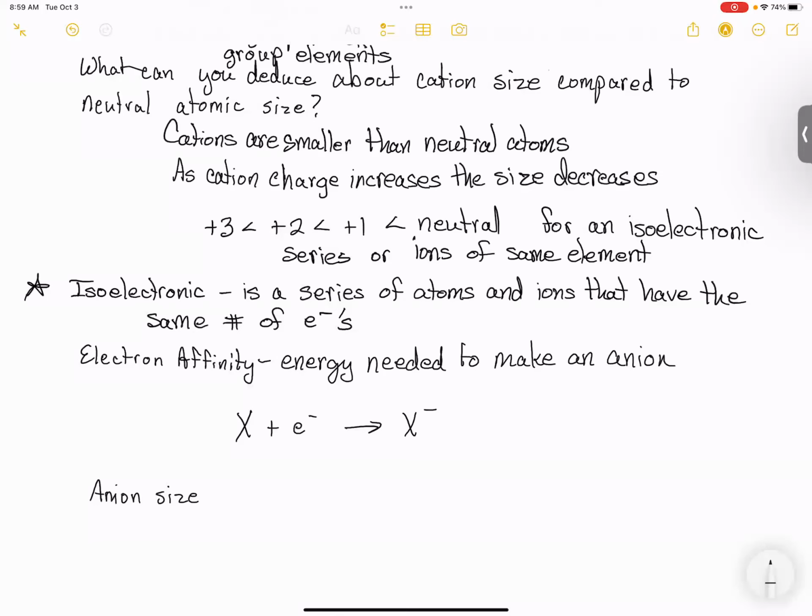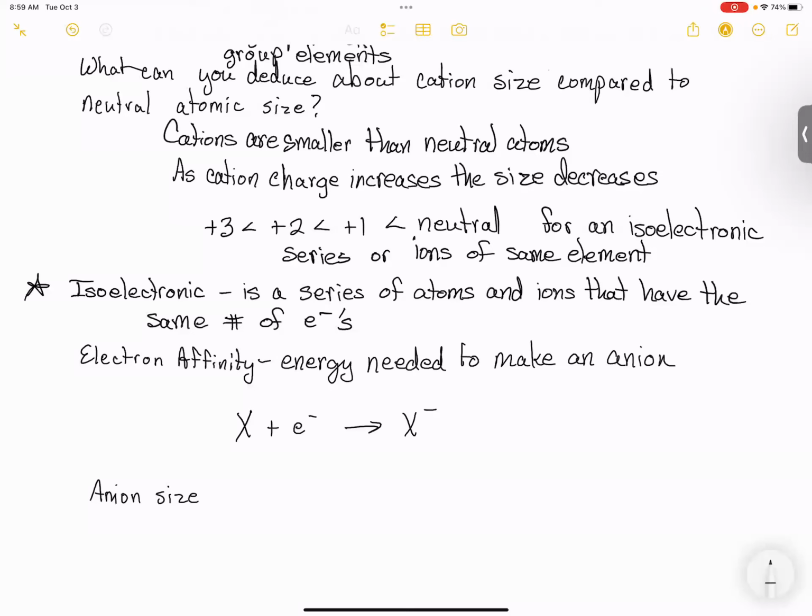I'm not going to spend a lot of time on electron affinity, other than to say your non-metals, which like to make anions, give off energy when they make the anion, whereas metals, which don't like to make anions, require energy to take on another electron. Unlike ionization energy, there's not a specific trend that you can see. It's a little less obvious what the trend is.